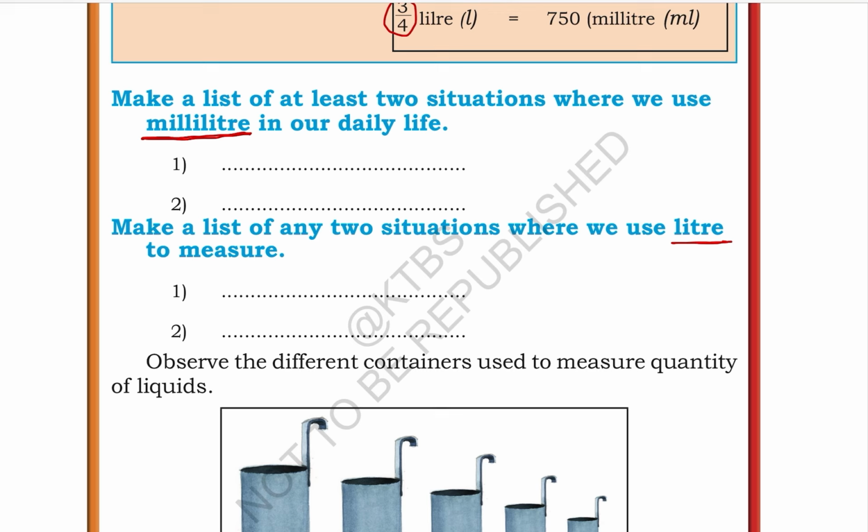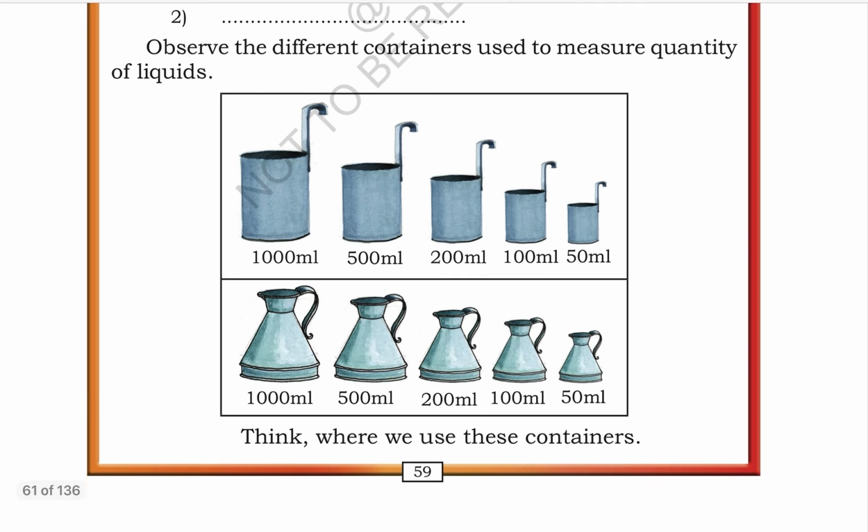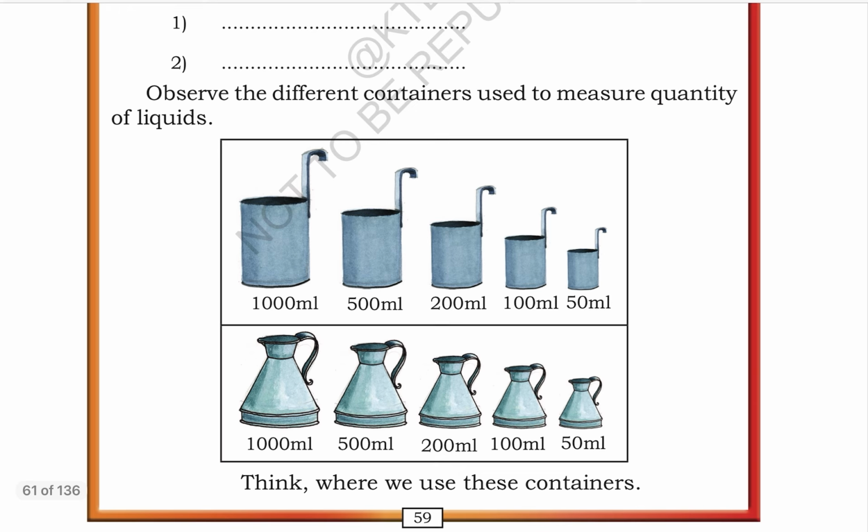You can tell this also. Please write it down, or you can find it in this chapter itself in the following pages, right? And you can observe these different containers which are used to measure quantities of liquids.